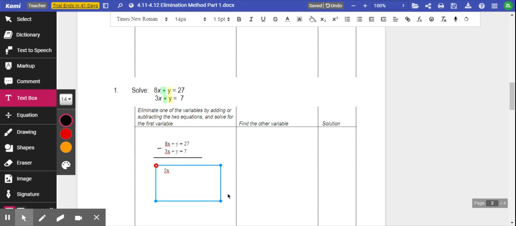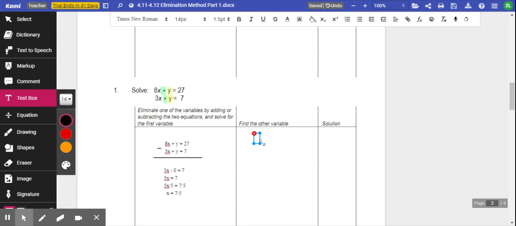Y minus y is 0, so it's eliminated. And 27 minus 7 is 20. So in this case, we have 5x equals 20. And in this case, to get x by itself, we have to divide both sides by 5. And x is then equal to 4.